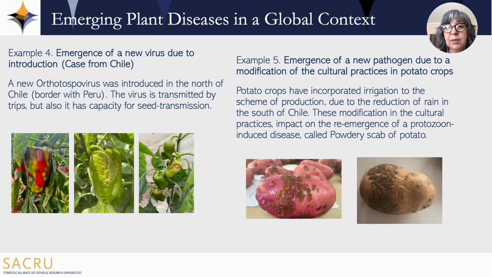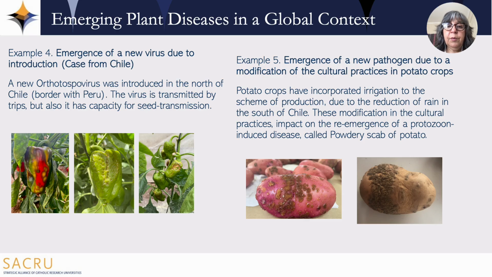It's a long way to reach the center of our country. And as I mentioned, it is not only affecting pepper, but also tomato. We don't have resistance genes available for plant breeding, so at this moment, we need to understand a little bit more about the biology of the pathogen and look for some strategies for management of the insect vector.